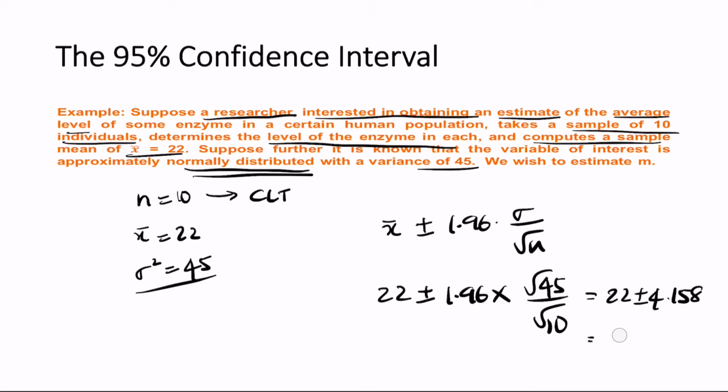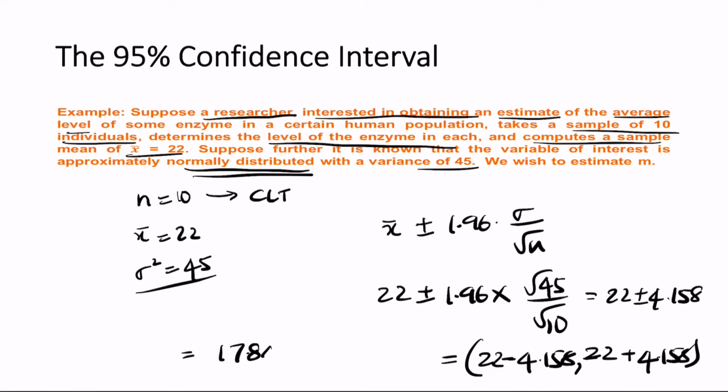So when you write 22 plus or minus 4.158, what does that mean? You have two values: 22 minus 4.158 comma 22 plus 4.158. So the first value is 17.842, and the second value is 22 plus 4.158, which becomes 26.158.